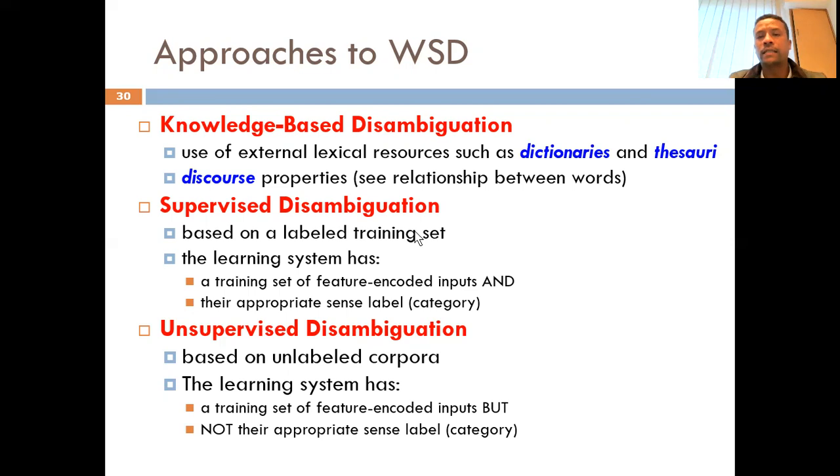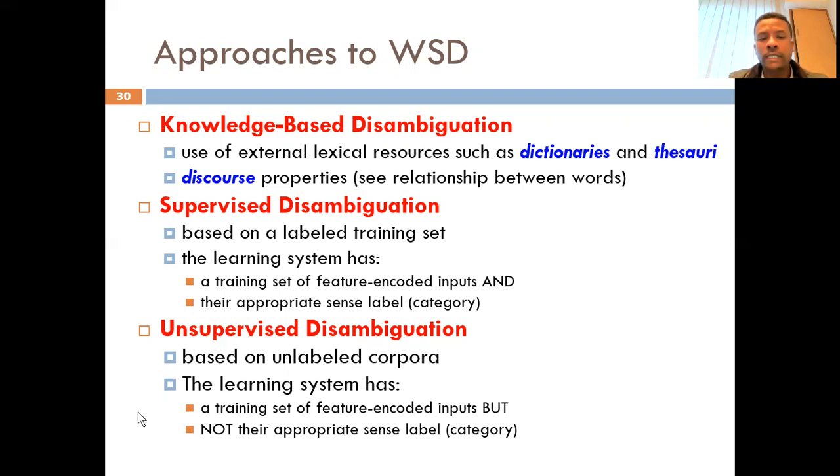So for this reason, there are many approaches that we can use for word sense disambiguation. The first one is the knowledge-based method. Mind you, knowledge-based means it depends on the amount of knowledge that you have about the language, about the meaning and the sense of the words.